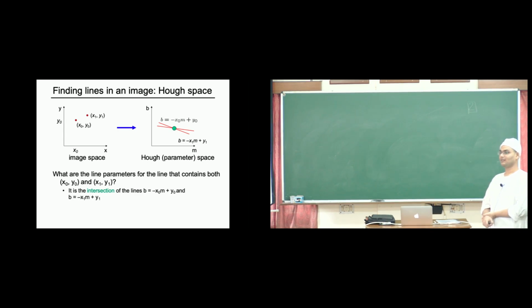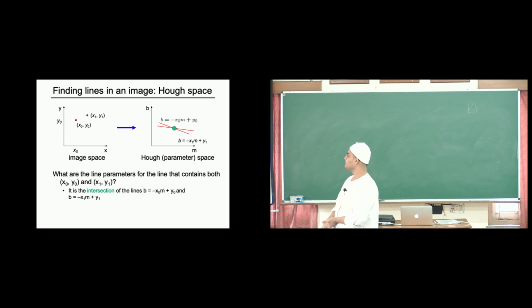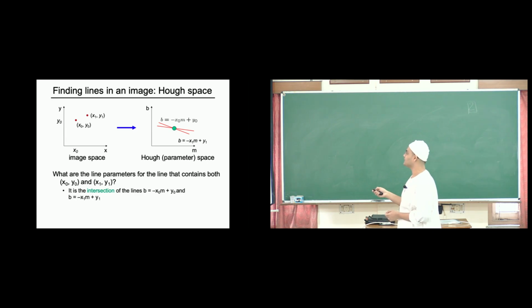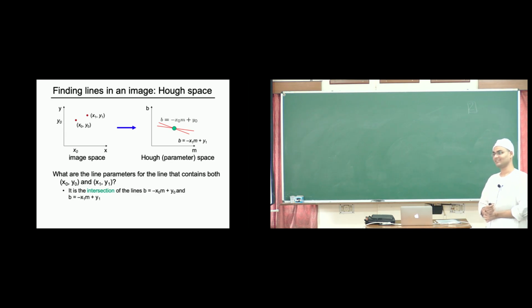Yes. Whatever intersection you are getting, this point, whatever m and b value you are going to get, that is actually the equation of that line. Is it not neat? Very neat, right? So, that is the idea of the Hough transform.